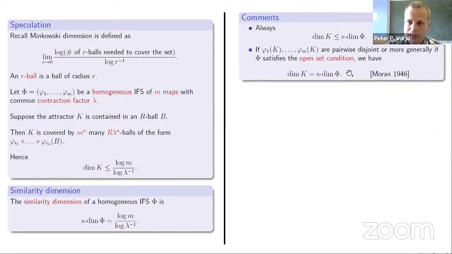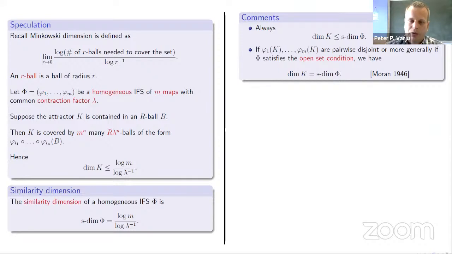So I don't want to give the definition of the open set condition to save time. I just want to give you a little bit of intuition. So if you remember back, the first example that we have seen was the Cantor set. And so in that case, the images of the Cantor set with respect to the two elements in the iterated function system were disjoint. You had these two separate copies.